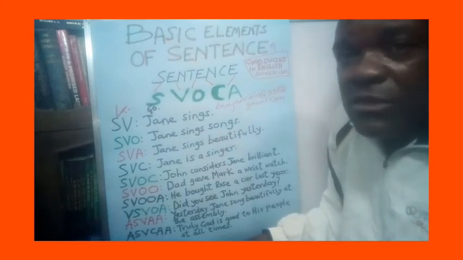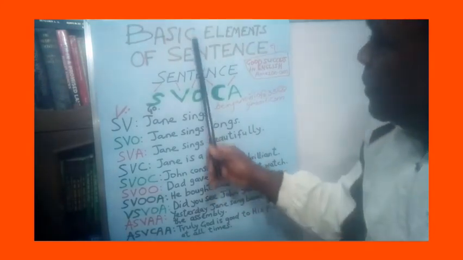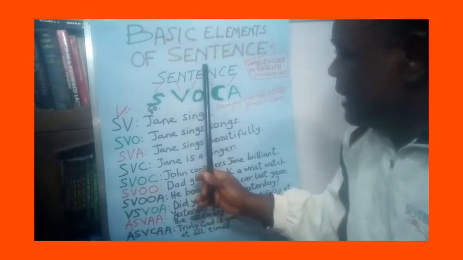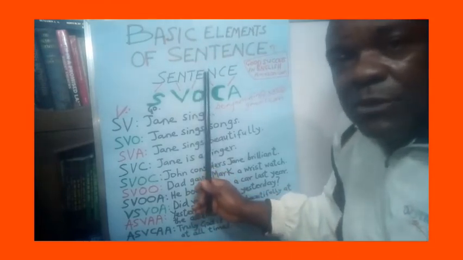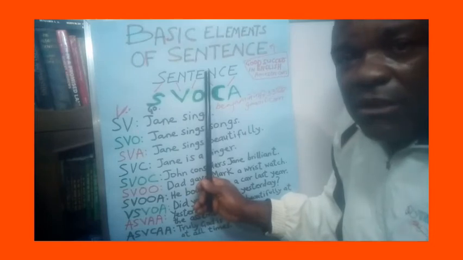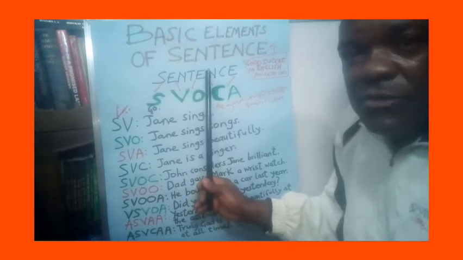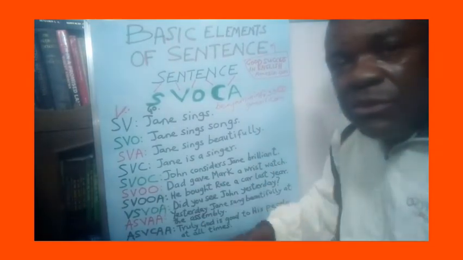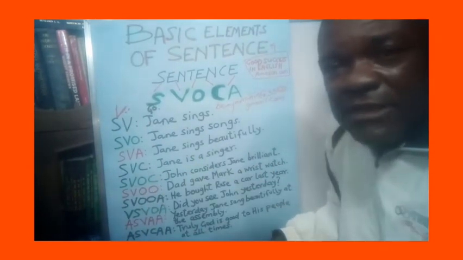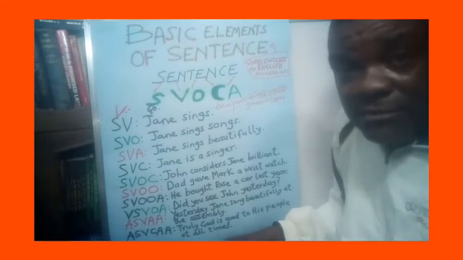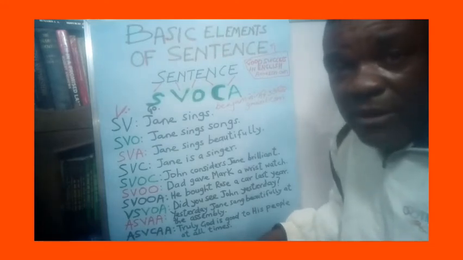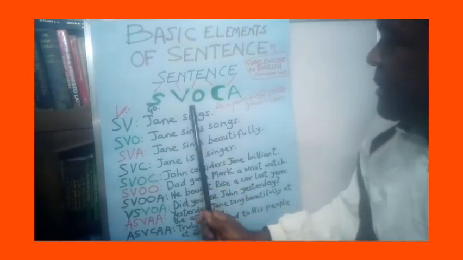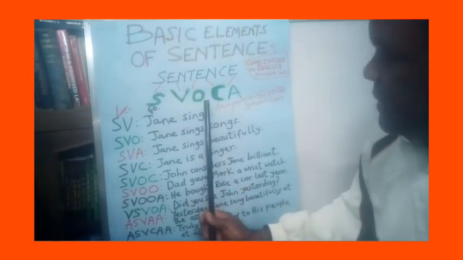And that is what you gain when you study the sentence and you master the various structures of the English sentence. It will give you the ability to use a variety of English sentences, and that will increase your language power. So let's look at these basic elements of the English sentence.